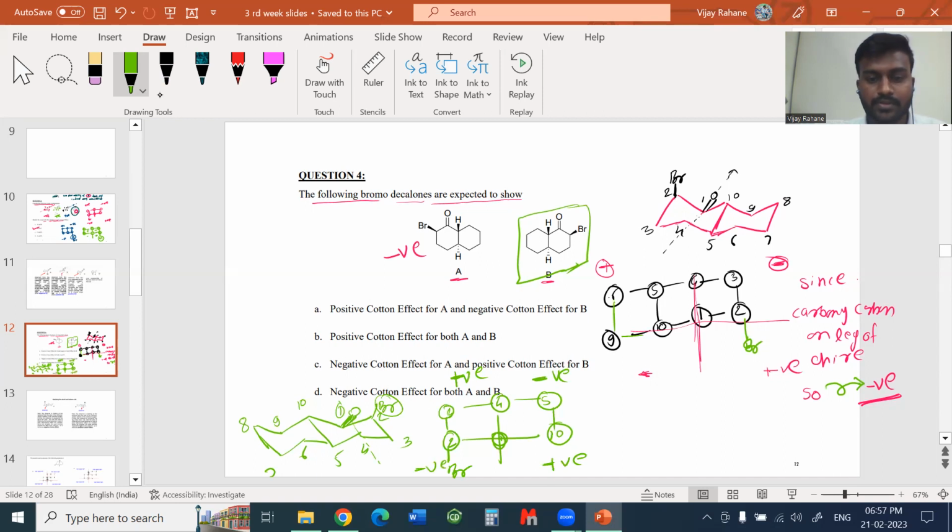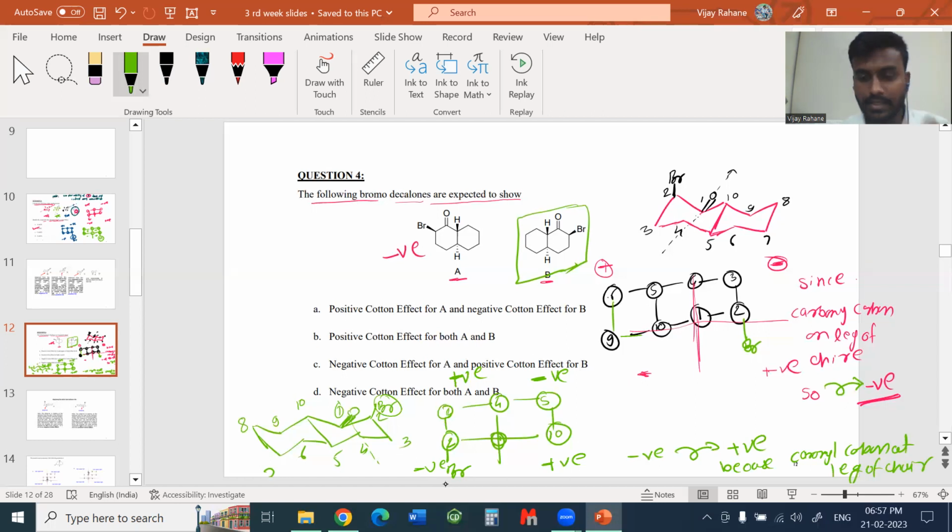So this shows negative, but negative changes to positive because the carbonyl carbon is at the leg of the chair, right? This you need to keep in mind always.